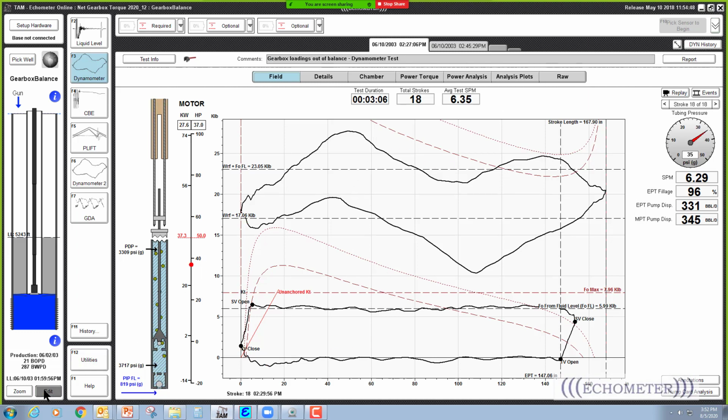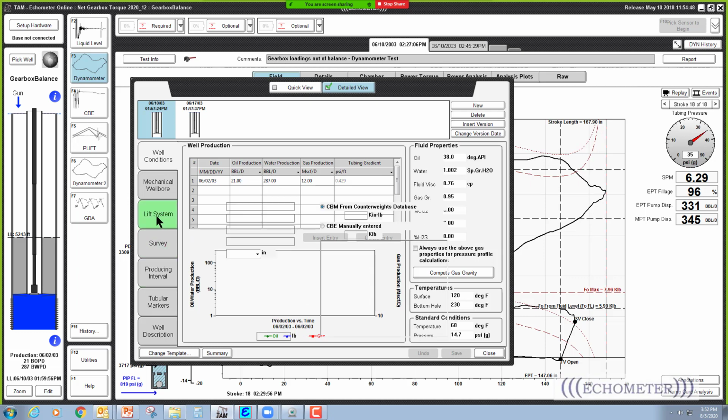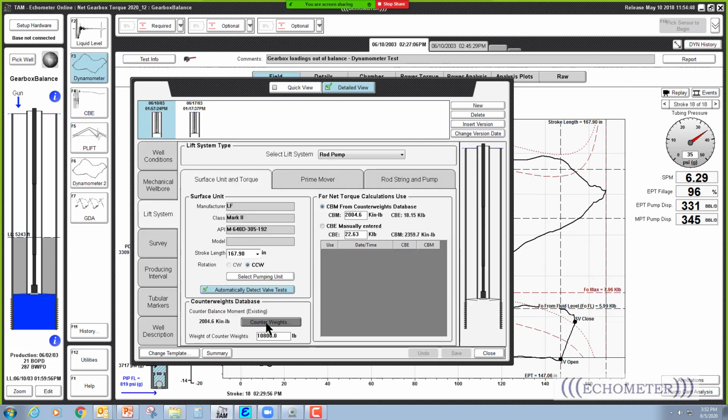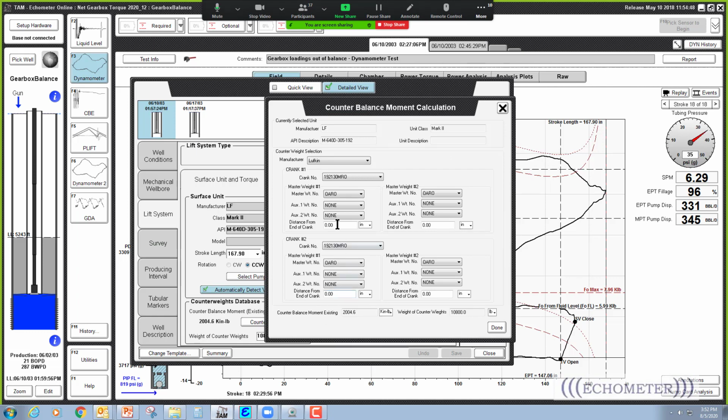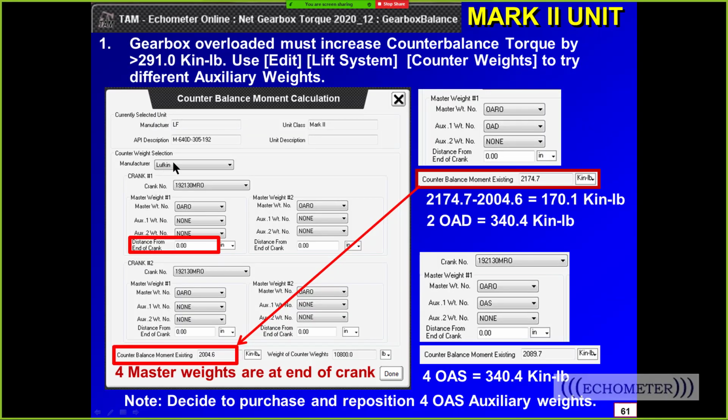If we click on edit and look at the lift system and click on counterweights, we see that the weights are already at the end of the crank. So we need to add more weights. This slide here is the same picture as we had right there. Here are the weights currently at the end of the crank, and we need to increase the counterbalance moment because we're rod heavy.